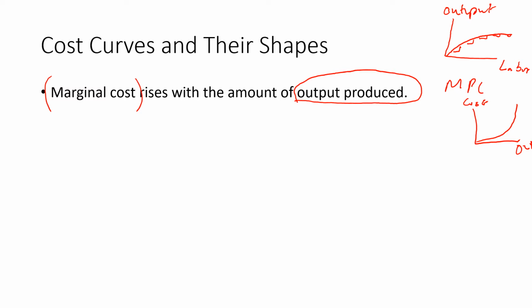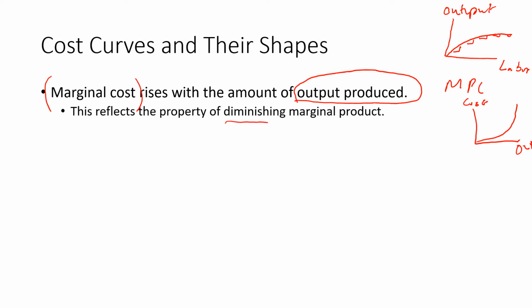So this is the basic reason for the marginal cost to rise. Then this reflects the property of the diminishing marginal product, and we have discussed this property over here. You can now understand why the diminishing marginal product increases the marginal cost at each and every unit that we are producing.